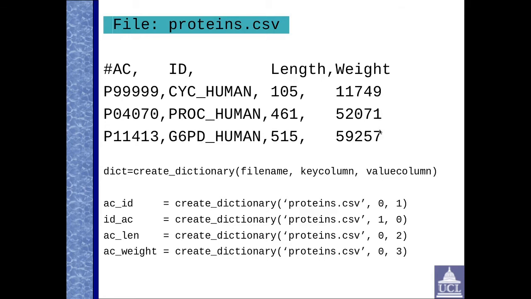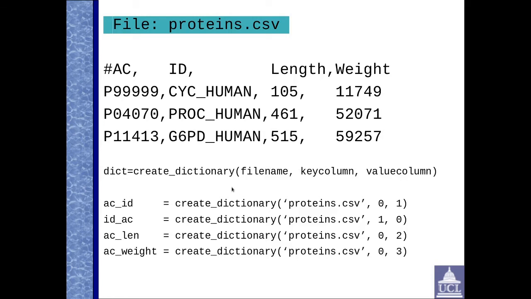So suppose we want a function that allows us to read columns from this file into a dictionary. Now, what we would like is to be able to specify the name of the file, a column number to use as a key in the dictionary, and a column number to use as the value in the dictionary.